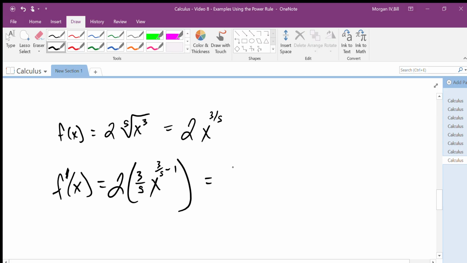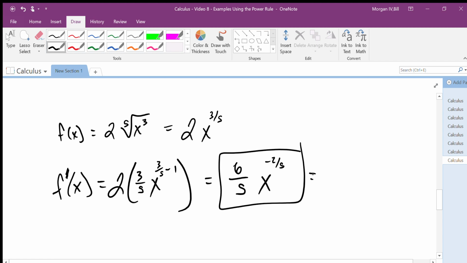That is 2 times 3/5 is 6/5. X to the 3/5 minus 1 is negative 2/5. Again, fine answer. Or rewrite it as 6 over 5 times the 5th root of x squared.